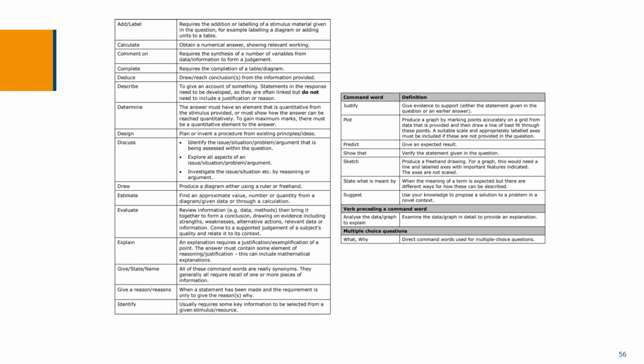One thing that is the most common mistake is the difference between describe and explain. If, for instance, I gave you a question which said, here's a graph, describe what you can see on the graph. A simple answer would be, it goes up, levels off, and comes down again. A better answer would be, it goes up to 27, levels off till 36, and comes down to 50.